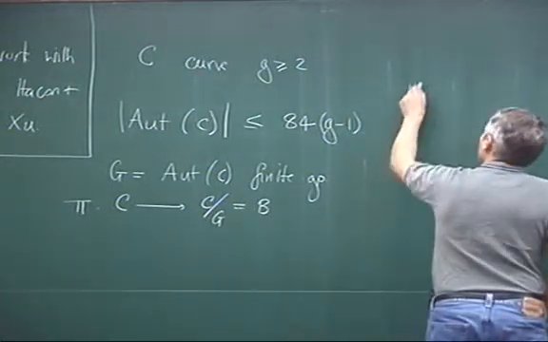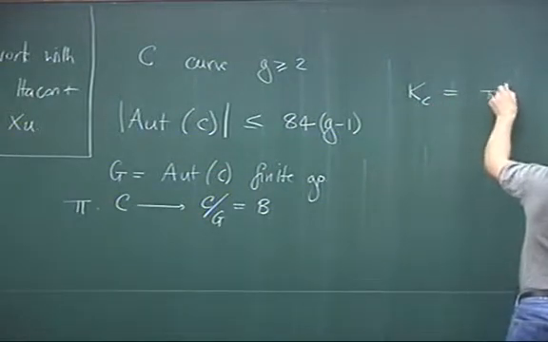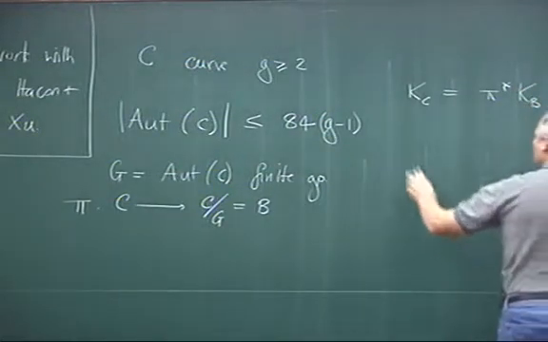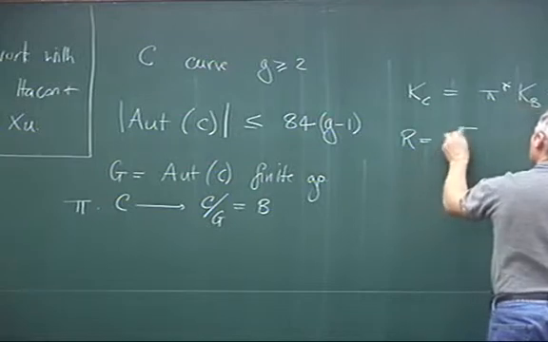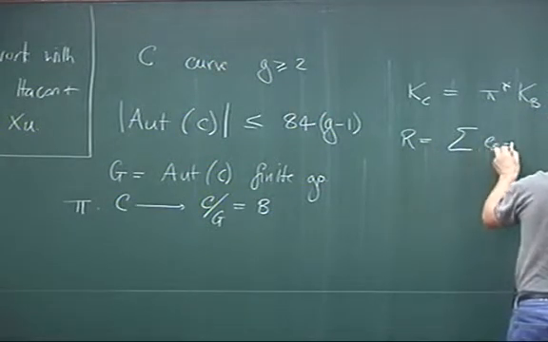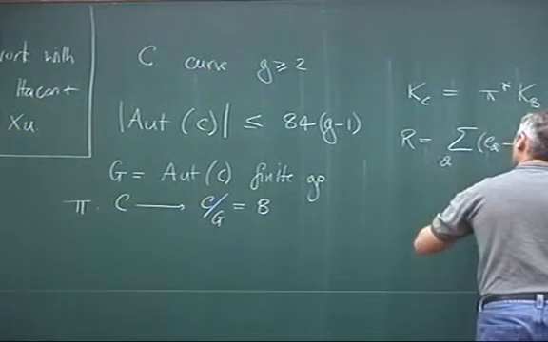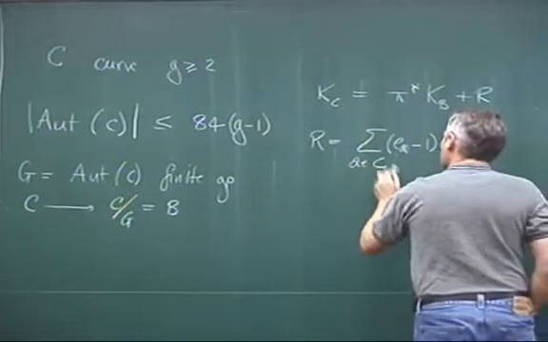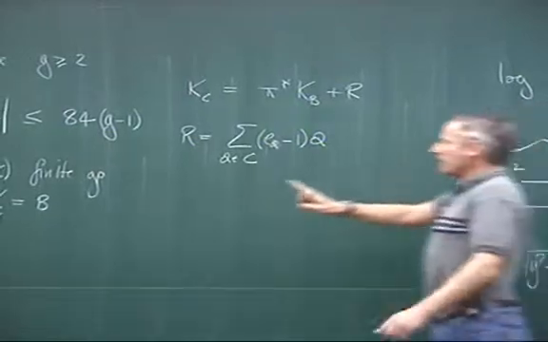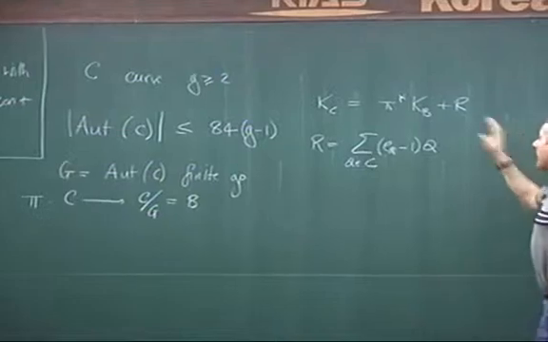One way is K_C is pi upper star K_B plus the ramification, which has the form sum of (e_Q minus 1) times Q, for some points of C.